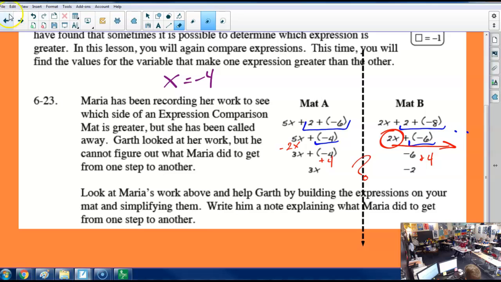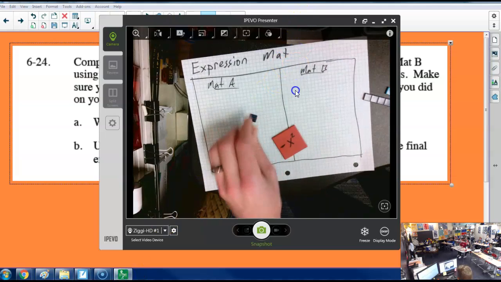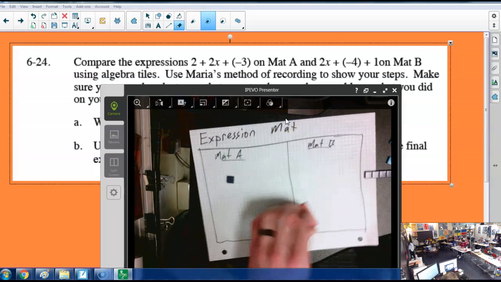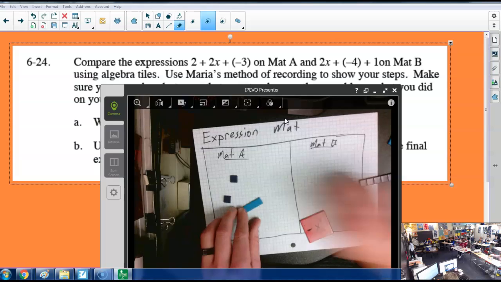On your expression, go ahead and build 2 plus 2x plus negative 3 on Mat A. So we're going to build 2. Yep, so I'll do it with you guys. 2 plus 2x.